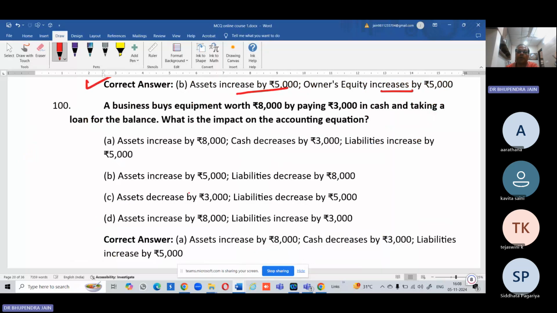A business buys equipment worth rupees 8,000 by paying 3,000 cash and taking the balance as loan.